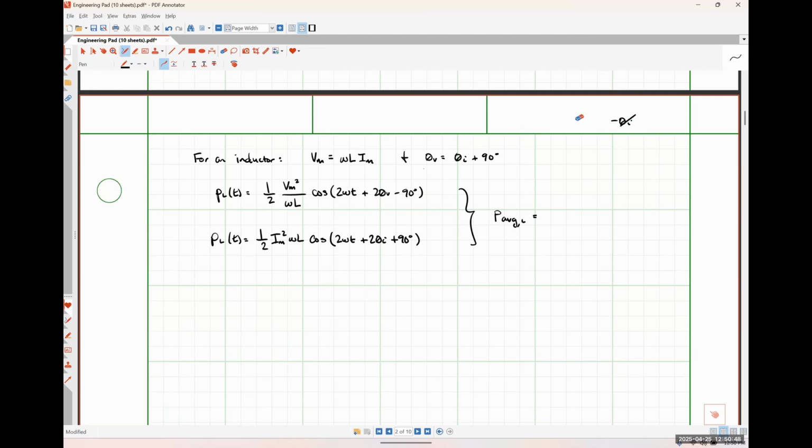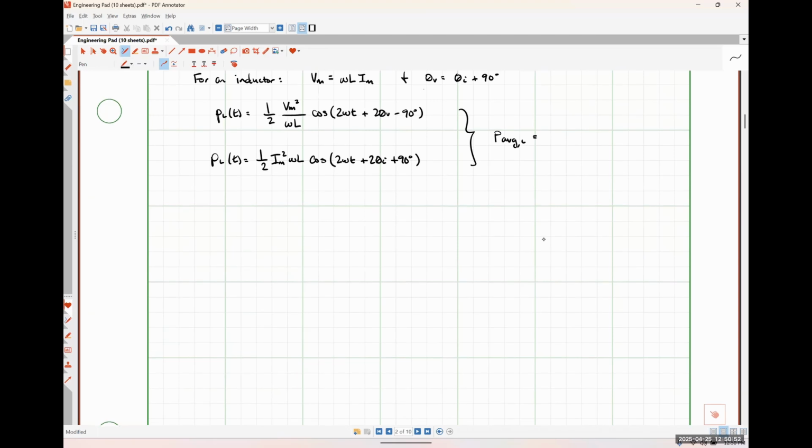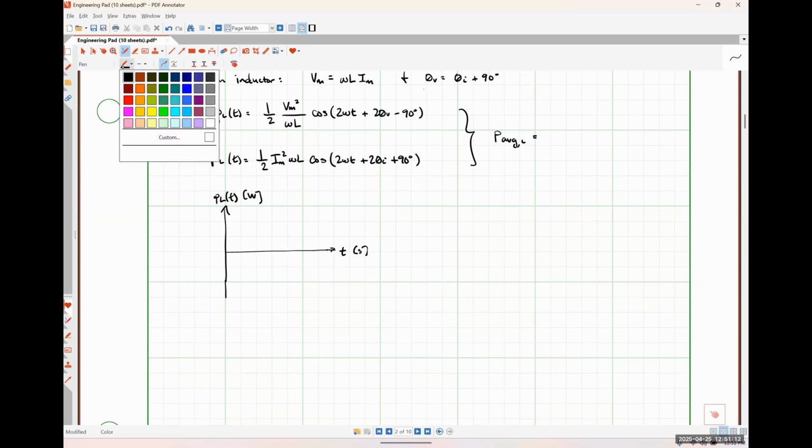So if I were to plot what's happening as a function of time, like I've done with the others, we would see something akin to this, right? So here's our instantaneous power for our inductor as a function of time, where time is measured in seconds and power is once again measured in watts.